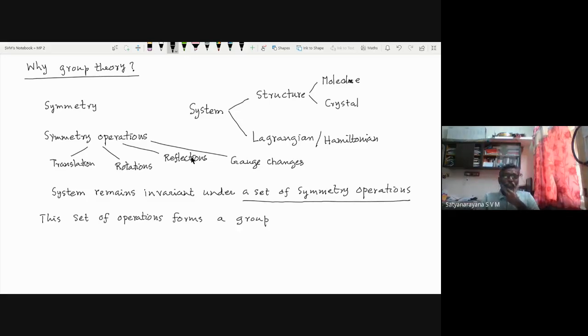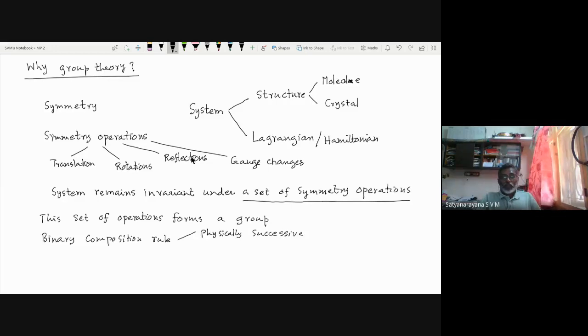Okay, the binary composition rule is physically successive operations.